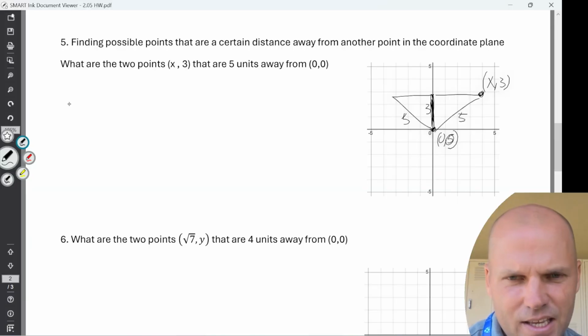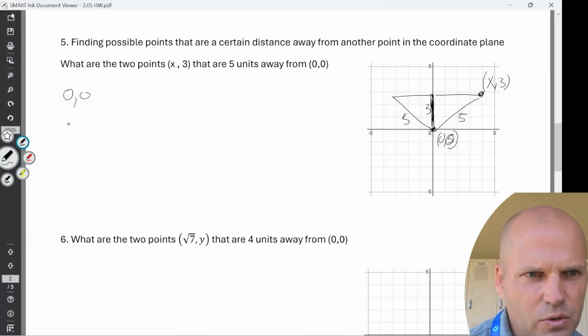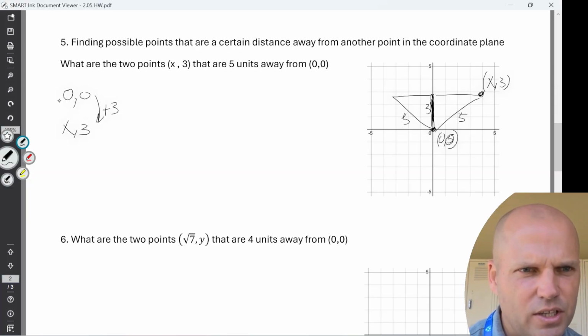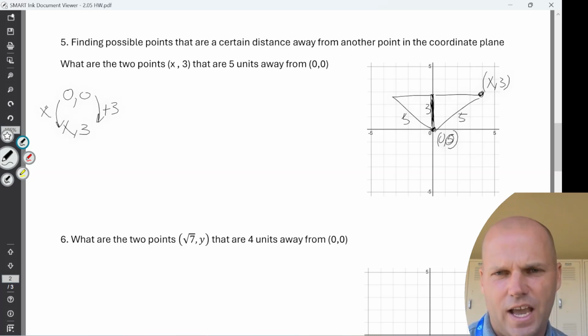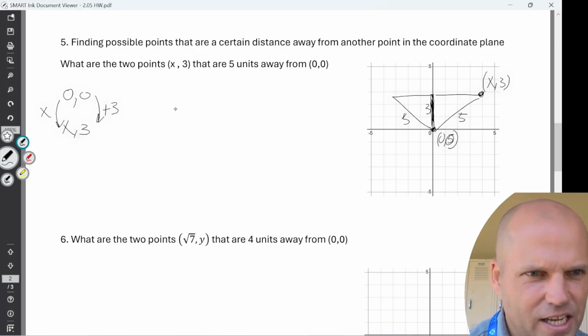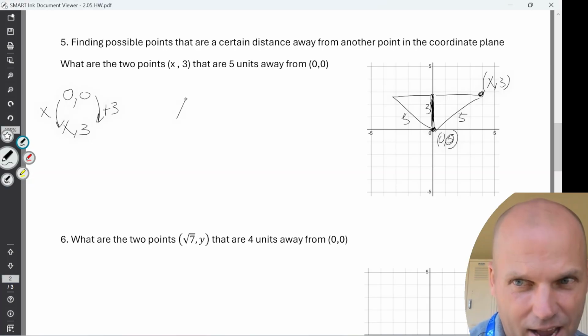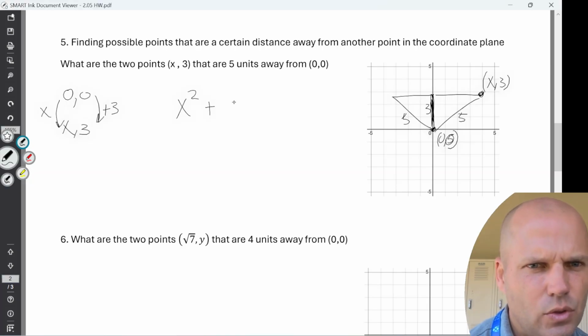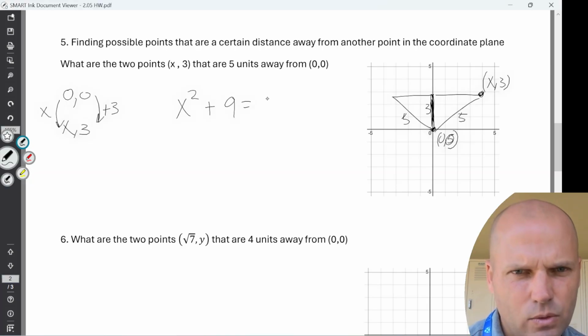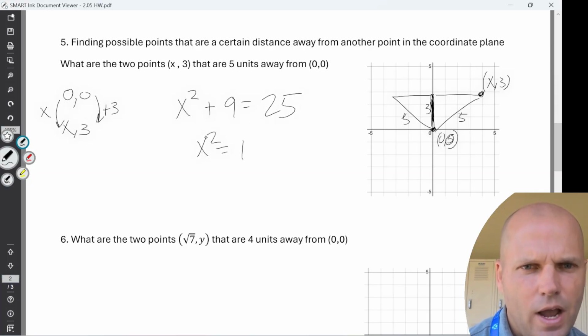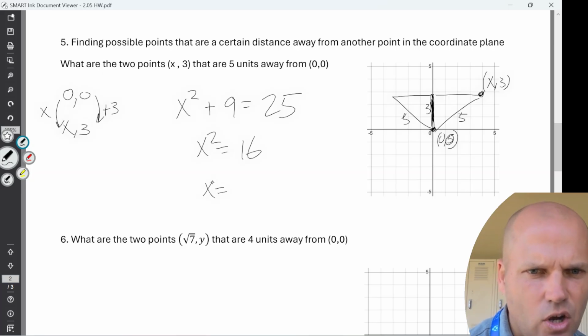From 0, 0 to x, 3, we have this vertical distance of plus 3, 3 minus 0, this horizontal distance of x. And we could set up the equation that x squared plus 3 squared has to equal 5 squared. All of a sudden, you have an equation that is solvable.